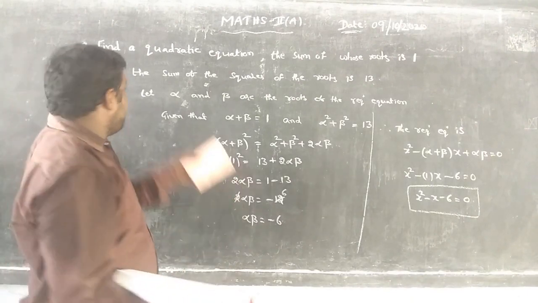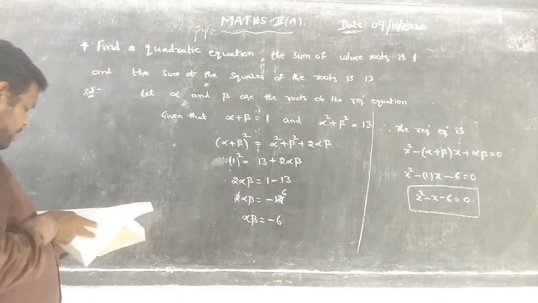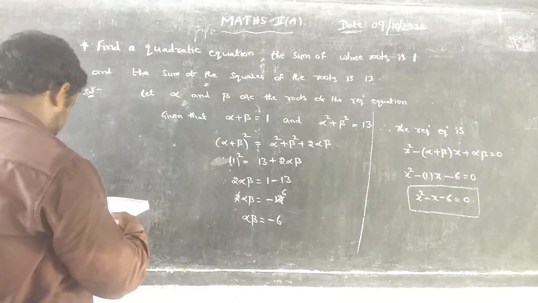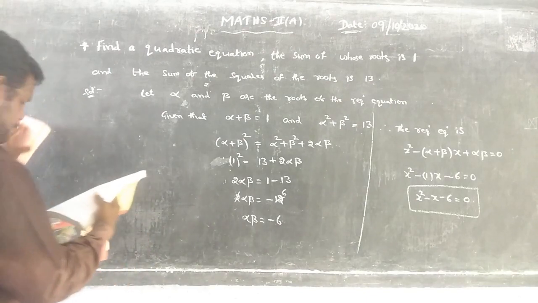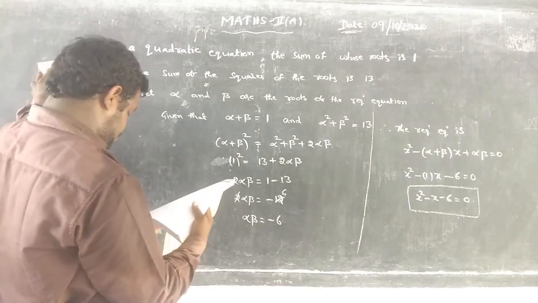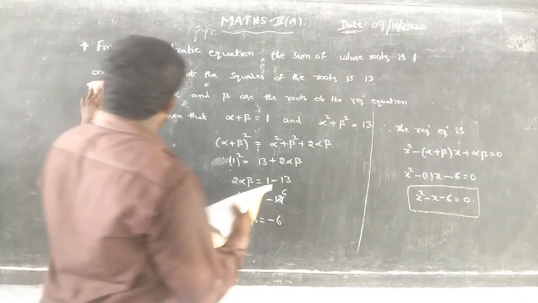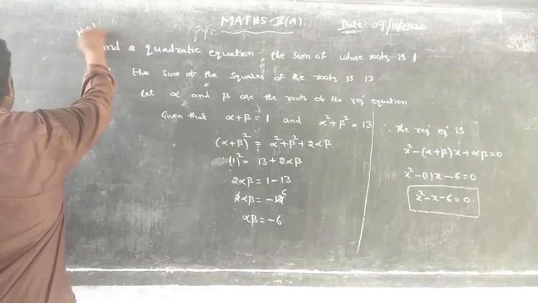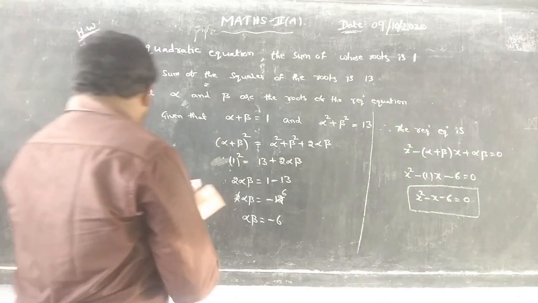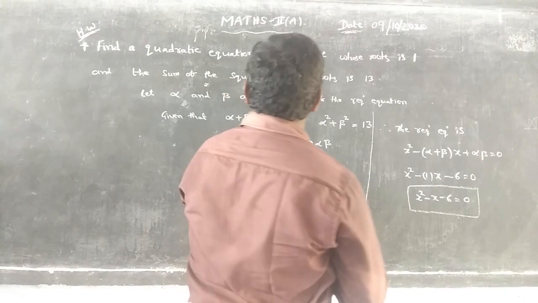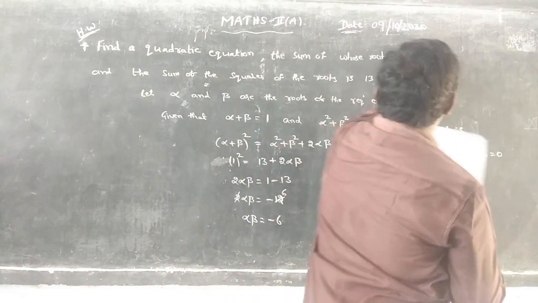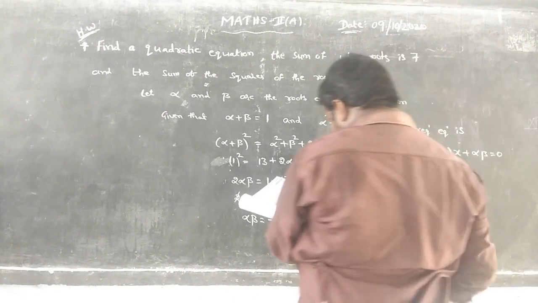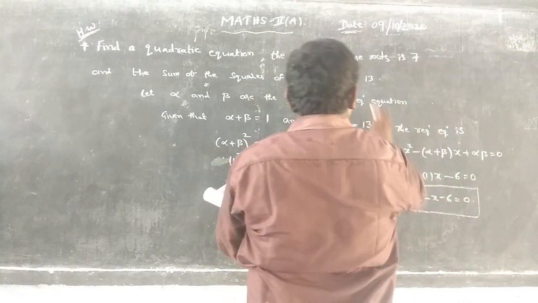Completed. Same as the model problem, here is the homework problem. Write down the homework problem. Find a quadratic equation, the sum of whose roots is 7 and the sum of the squares of the roots is 25.